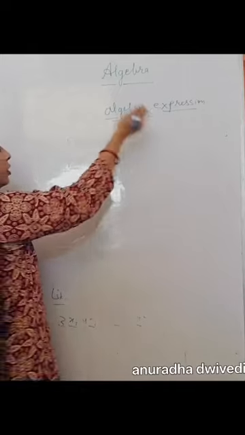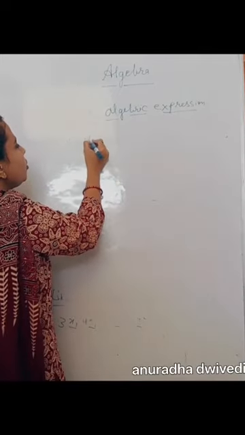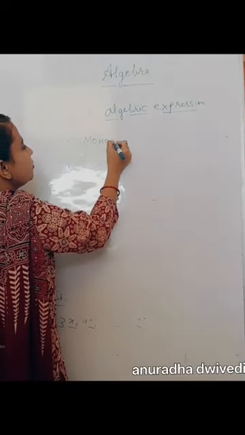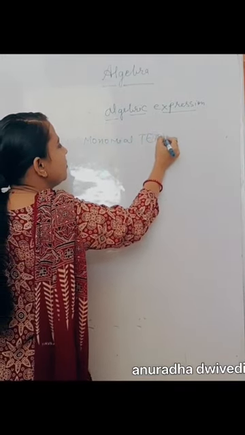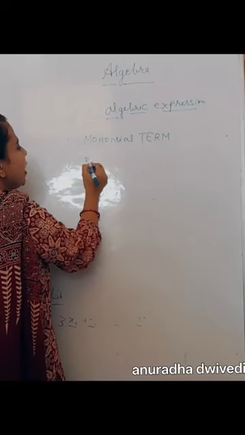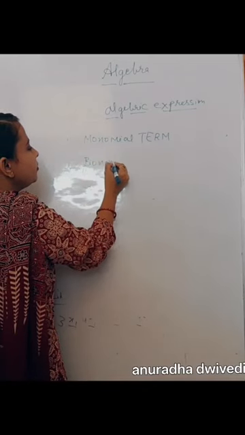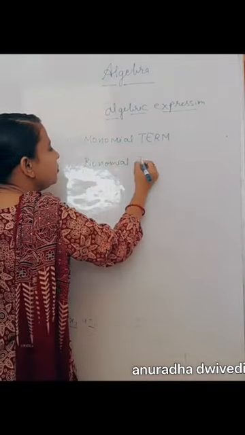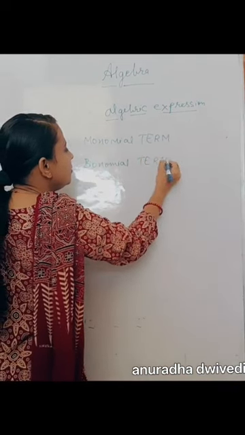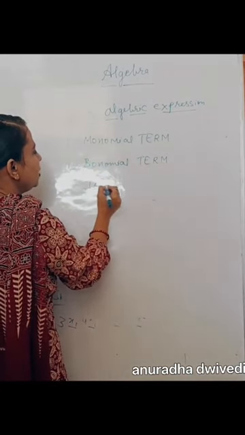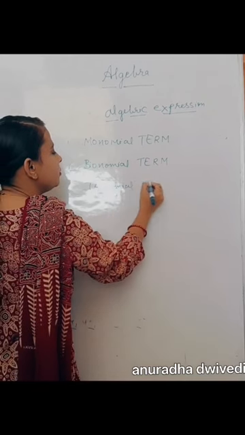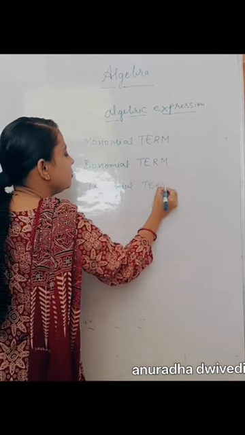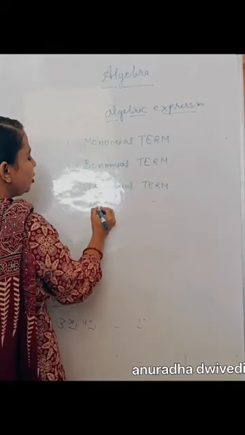In the expression, the first is the monomial term. Now the binomial term. Trinomial term. And multinomial.